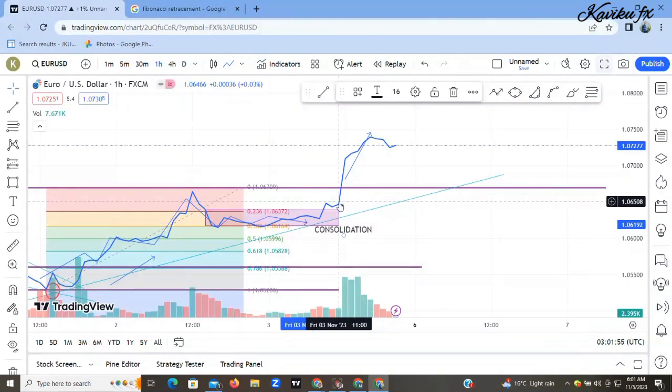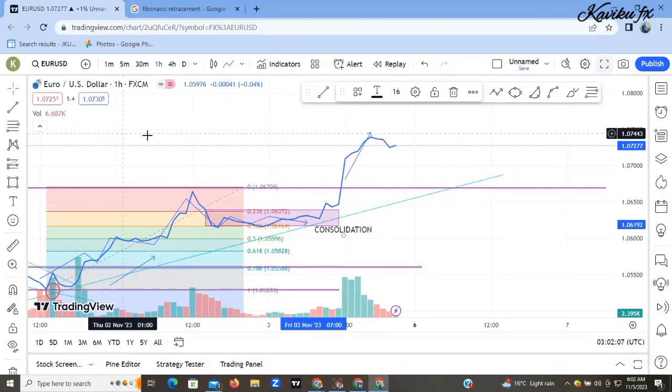The DXY affects forex markets. For example, forex pairs are inversely correlated to the DXY. This means that when the DXY goes up, the currency goes down, and vice versa.